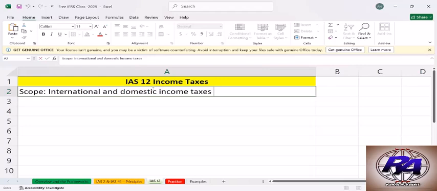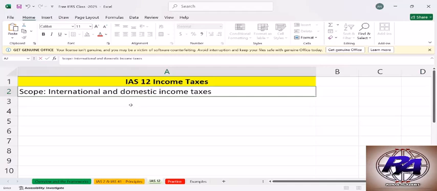Like I indicated earlier, there are certain things that we are going to do that you won't get in the standard, because there's a full course on taxation. And remember, the objective of the standard is to prescribe the accounting treatment for income tax.